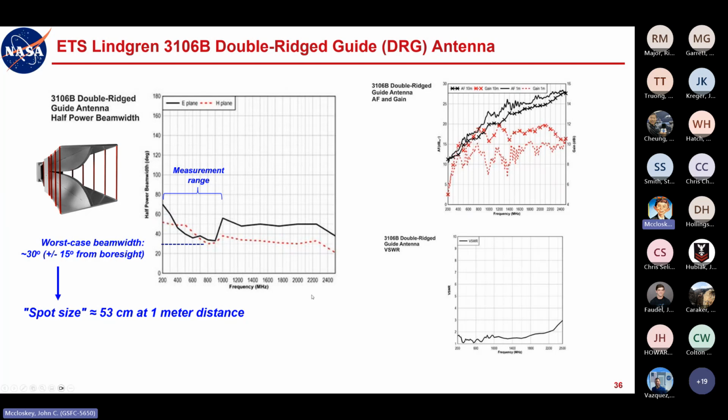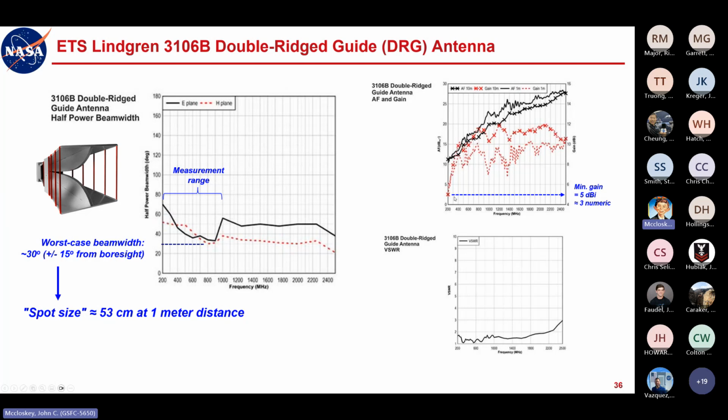But now, a couple other plots that you'll see in the data sheets for these antennas are antenna factor and gain. Here they're putting them on the same plot. So the minimum gain, and we'll get into gain here in a little bit, the minimum gain here, just at the low end, is 5 dBi or 3 numeric.